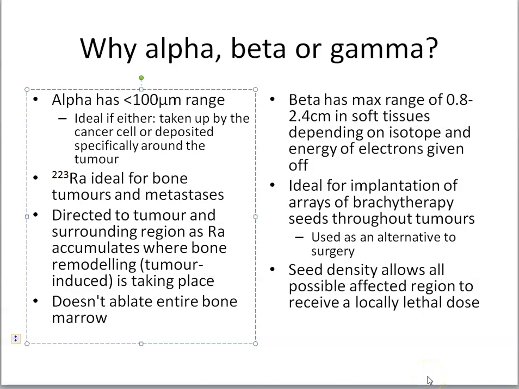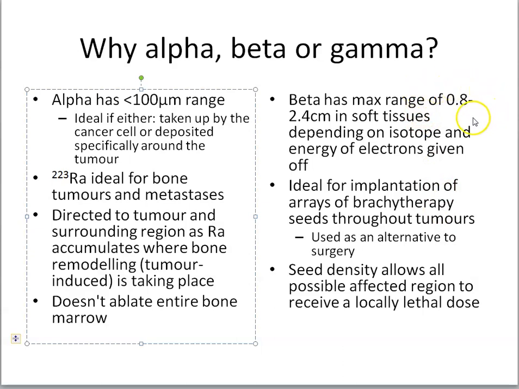So different radionuclides have different emissions. Alpha has a very short range, so you have to get that right next to the cell. So this is where we tag it to antibodies which stick directly to the tumour cells, or with radium we inject it into the patient, and that will accumulate around tumours in bone. We use beta emission in plaques and radioactive implants.